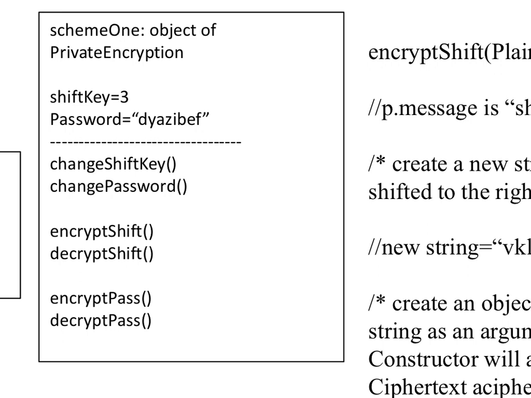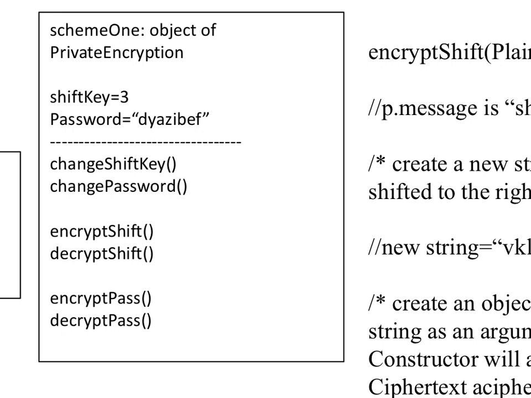Now in the encrypt_shift method, we send plaintext0, which was an object of the plaintext class, and it gave us a ciphertext object. You can call the decrypt_shift method, and you have to send your ciphertext object, and it will decrypt or shift the characters to the left according to the value of the shift key, and it will give you a plaintext object back.